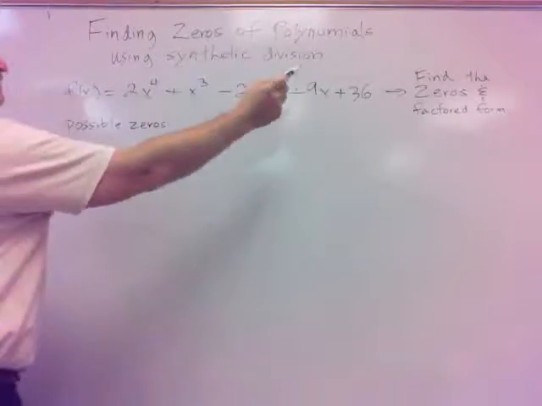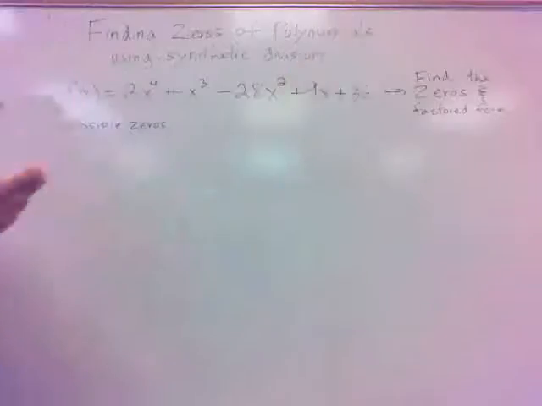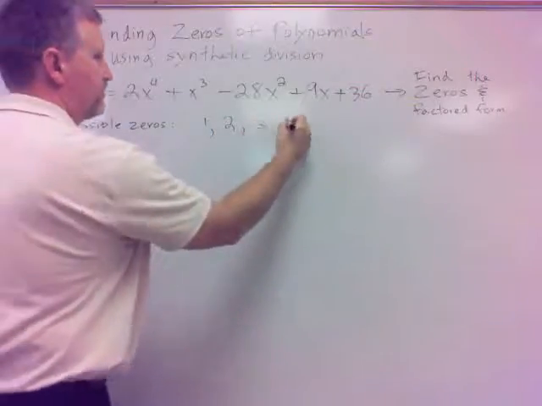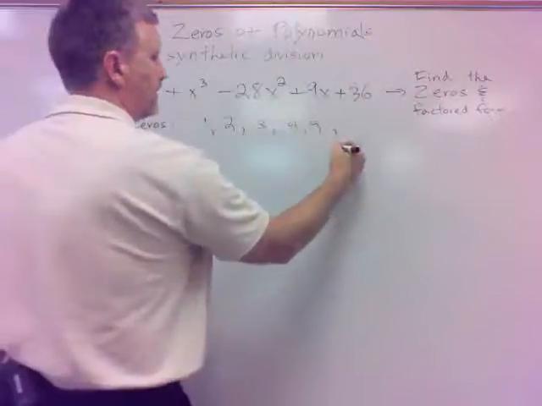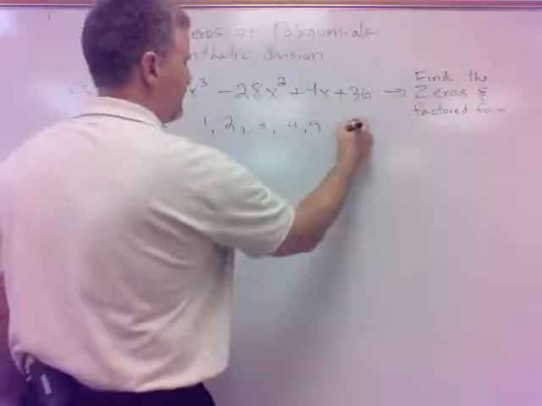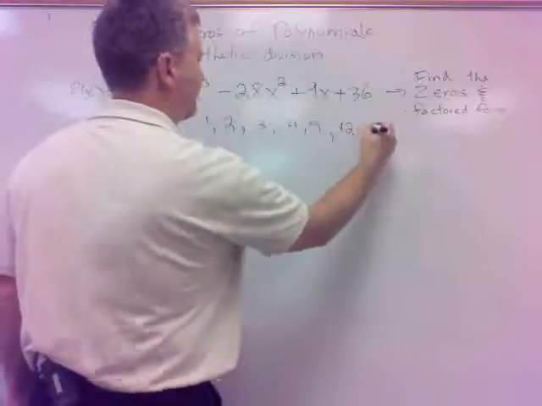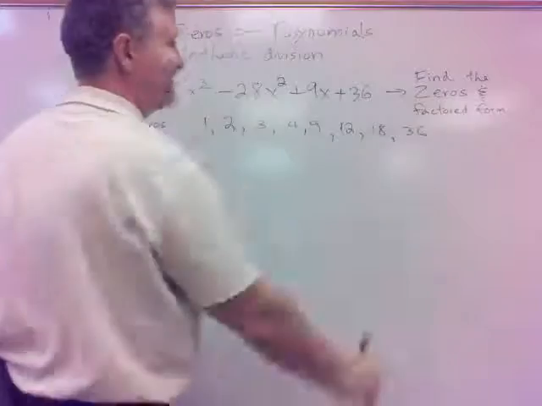Well, as we said, some of the possible zeros are just factors of that. 36 has a lot of factors, doesn't it? 1, 2 is possible, 3, 4, 9, 8, 6, 12, and 18, and 36 even.